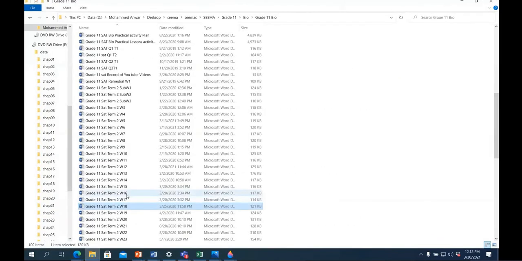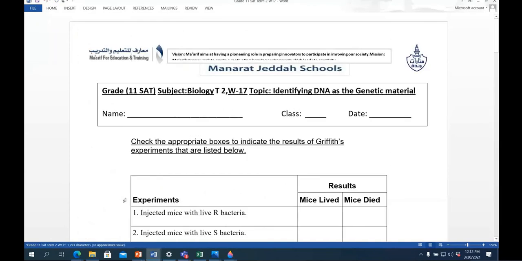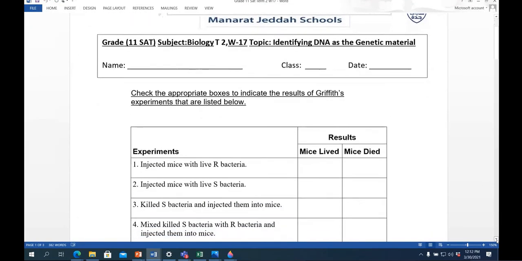It is worksheet 17. Can you view my worksheet here?